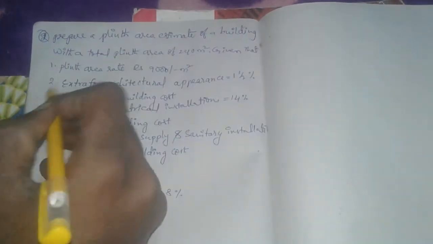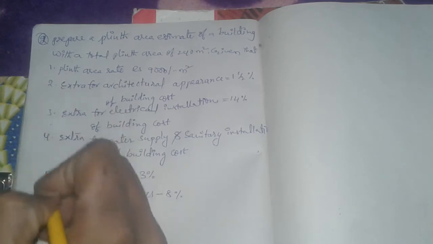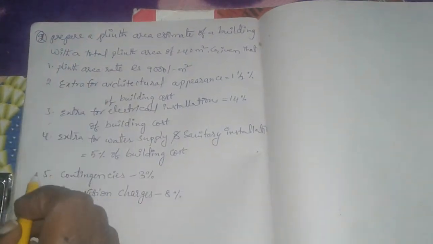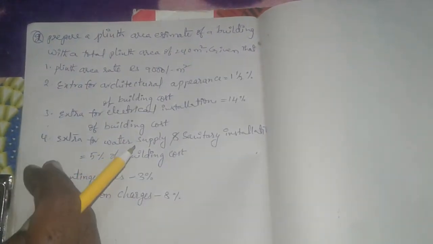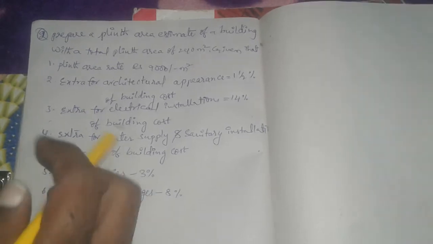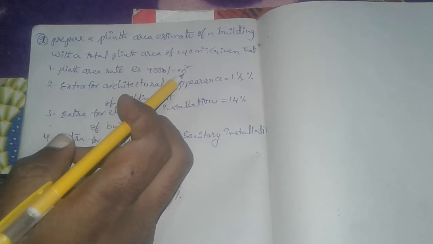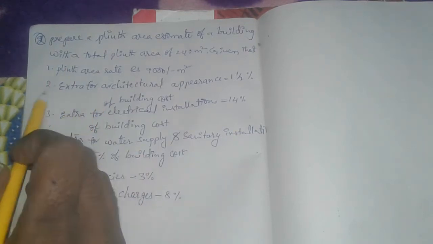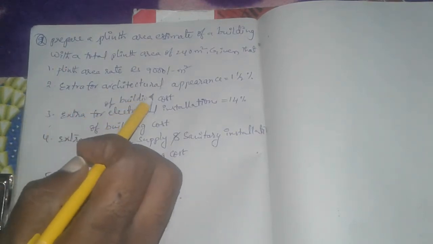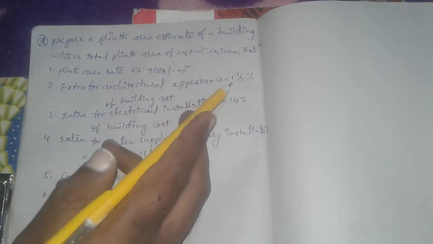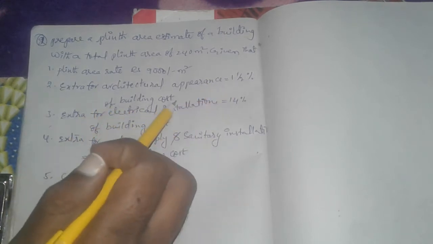Given that, the percentages to calculate are: first, plinth area rate 9,000 per meter square, and second, extra for architectural appearance 1 by 2 percentage of building cost.